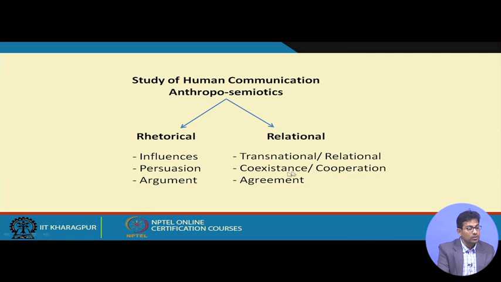It talks about coexistence and cooperation: mutual cooperation, co-sharing, co-learning or coexistence. Whatever communication is required for that is emphasized here, and contrary to rhetorics, here there is a sense of agreement.